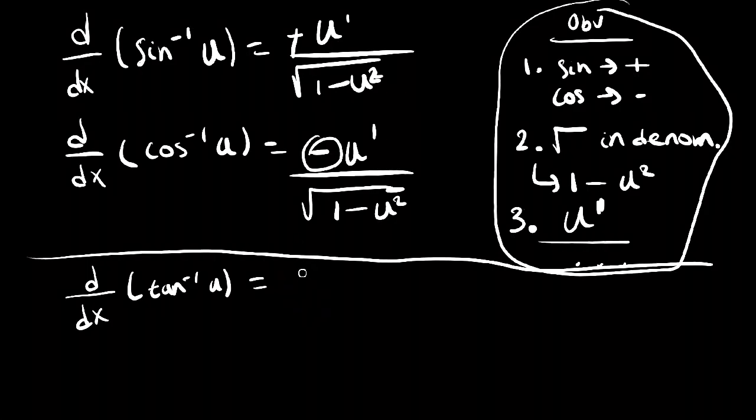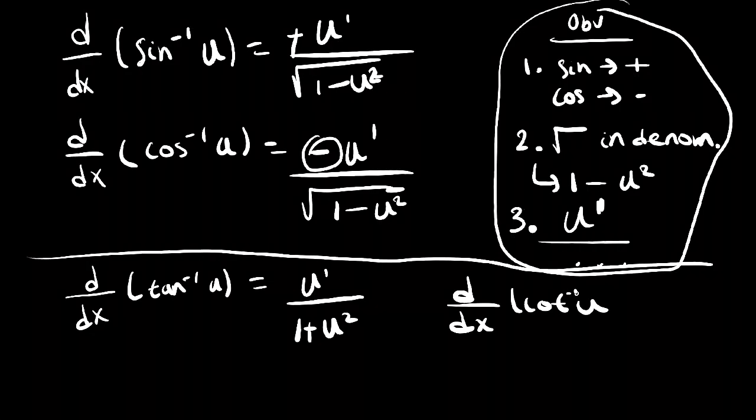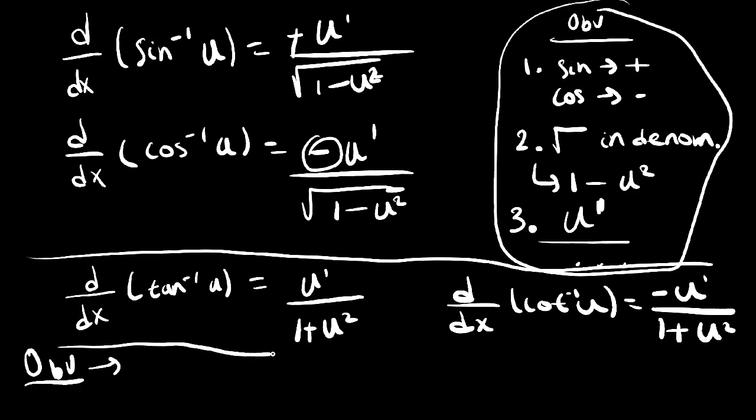So tangent is going to be u prime over 1 plus u squared, and cotangent will be negative u prime over 1 plus u squared. So what are the observations we can make with tangent and cotangent?